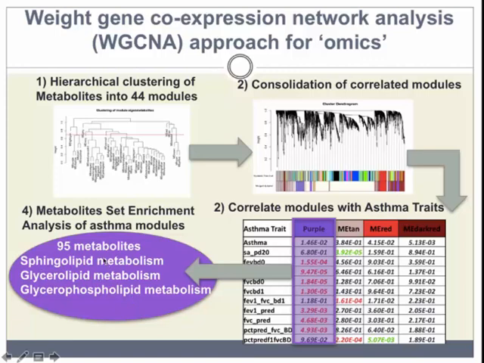So very interesting. This network approach is saying, hey, these are the 3 general metabolic pathways that are dysregulated for asthma individuals with all these asthma traits.